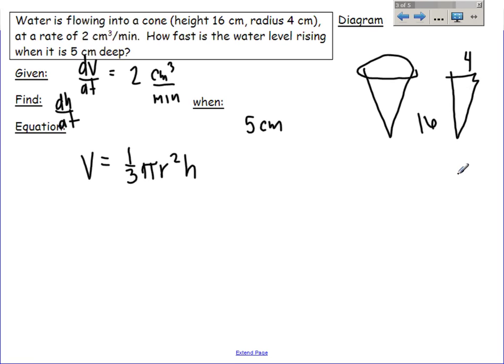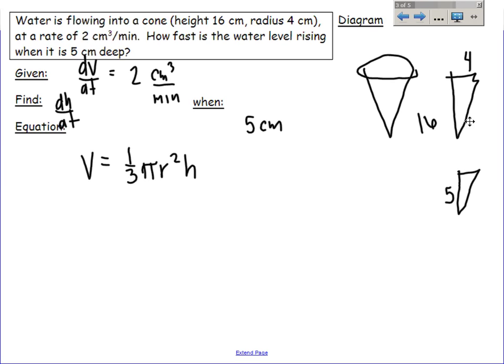We want this to happen specifically when we have a height of 5, and we don't know the radius yet, but that's okay, we'll figure this out. But basically, this triangle that we get at any point in time wherever the water is in this cone, we are actually creating two similar triangles.